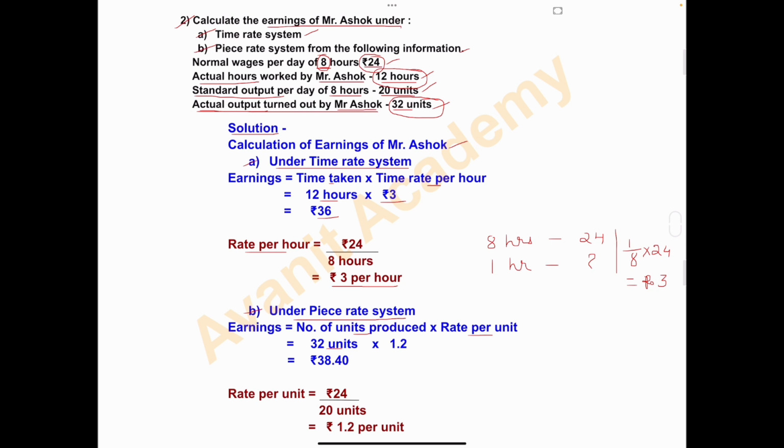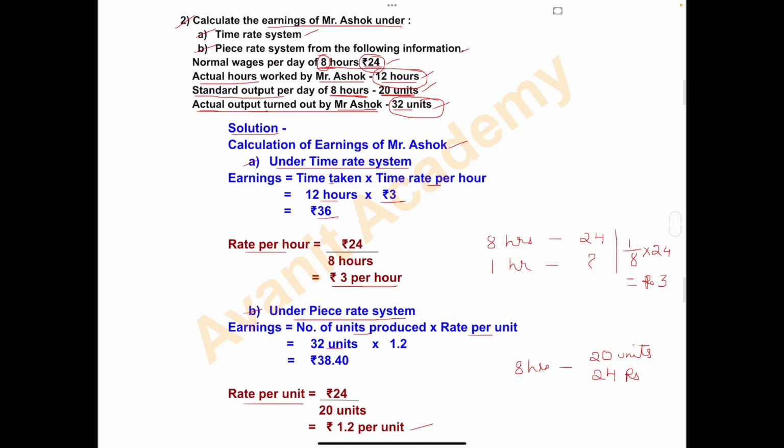Rate per unit, this one we have to calculate. Okay. For 8 hours, the wage rate is rupees 24, and in that 8 hours, how many units can be produced? 20 units. The rate per unit is rupees 24 divided by 20 units.